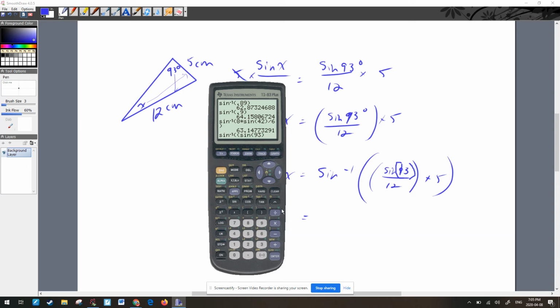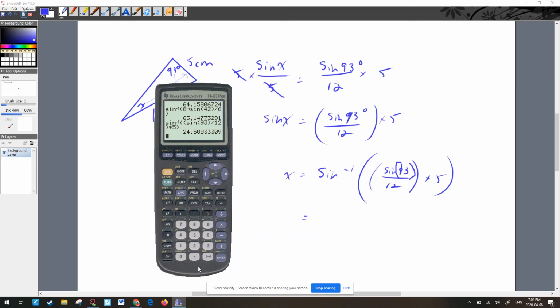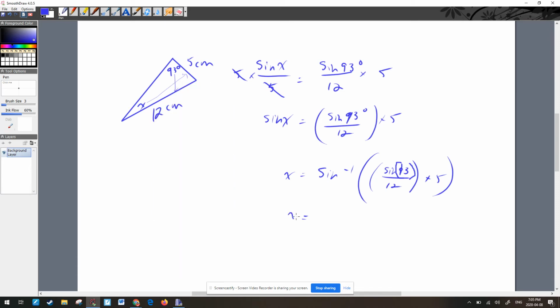Close that bracket and then divided by 12. Close that bracket and then times 5 bracket equals 24.59 degrees. So that's going to be x is equal to 24.59 degrees. And there it is. Okay, lovely.